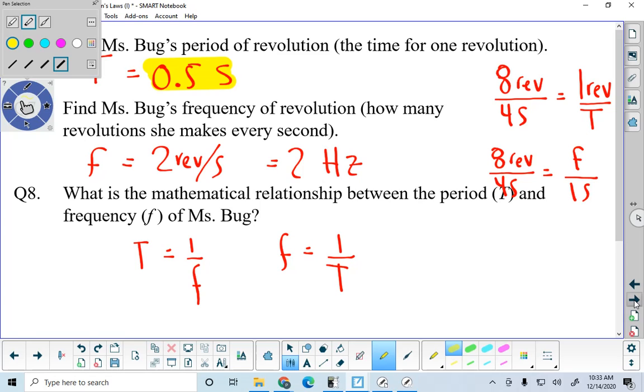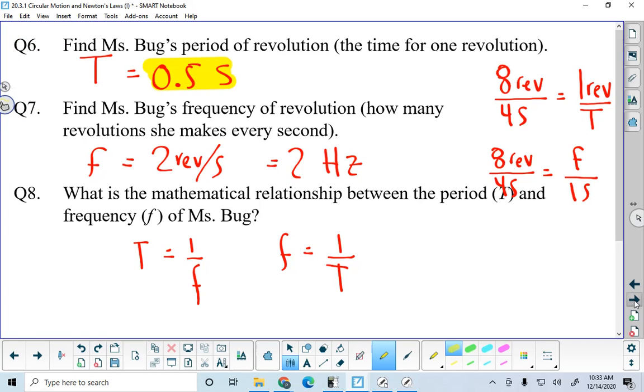If I reciprocate the period, which is 0.5 seconds, I get 2 revs per second. Go ahead and take the reciprocal of the frequency. What do you get? 0.5. They're reciprocals of each other. And by the way, this formula is on your formula sheet. I'll show you where it is when we need it.